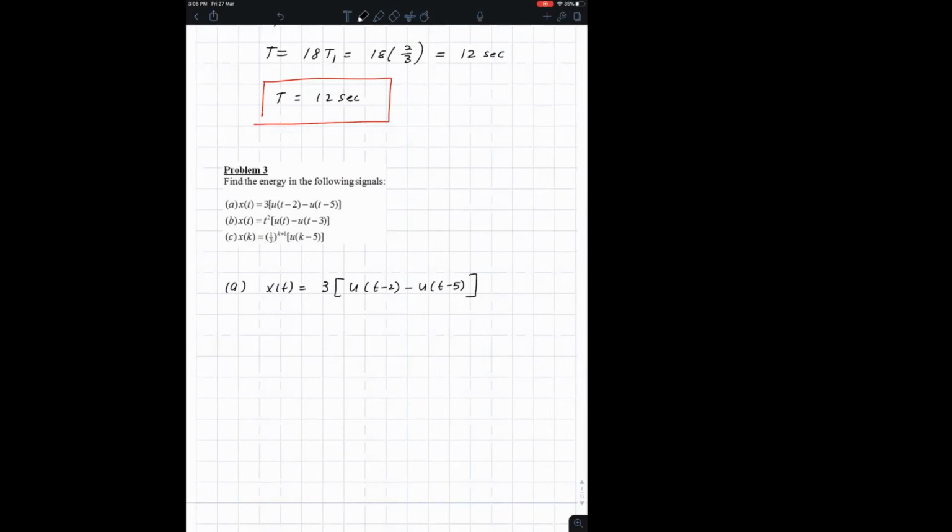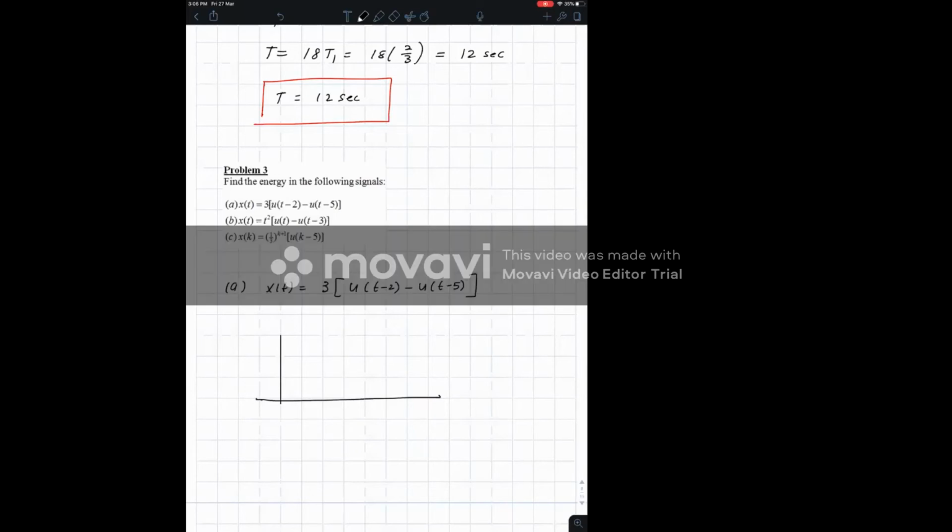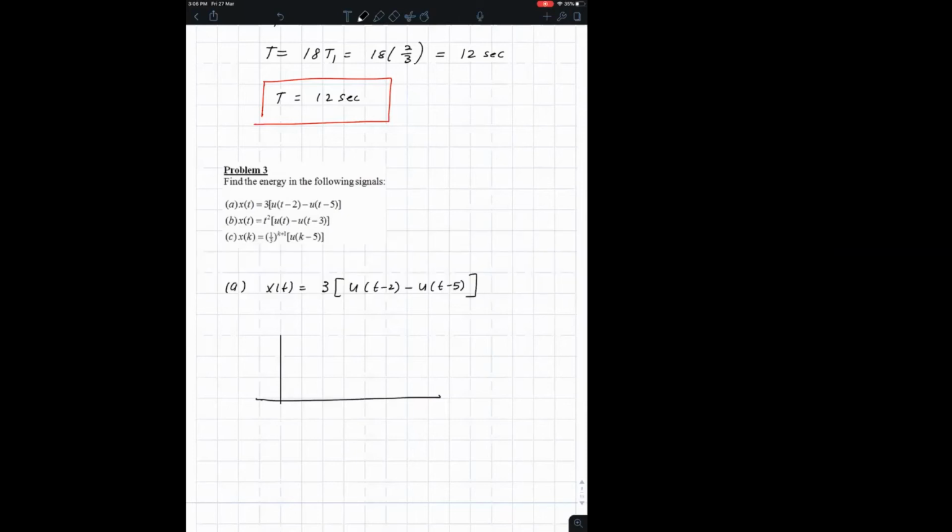3. The signal is going to start at time 2, and it will end at 5. Start at 2 and ends at 5, 2 to 5. That's it.